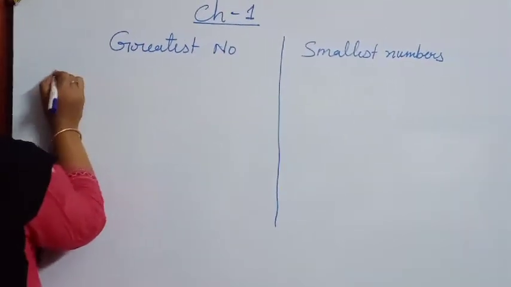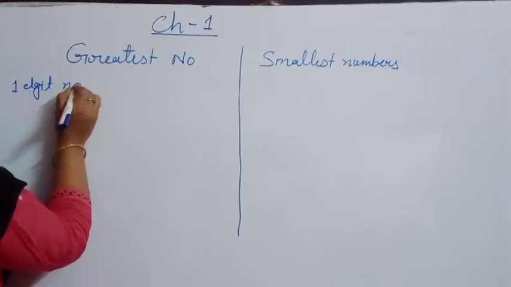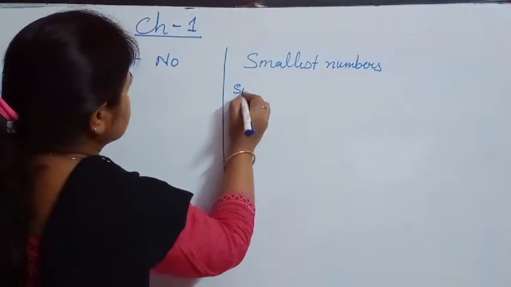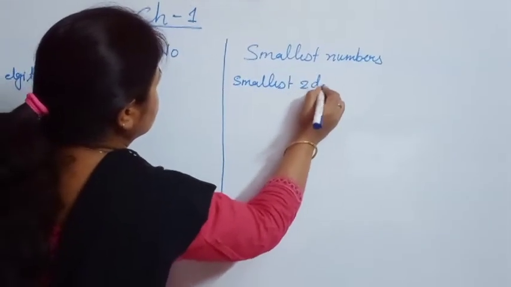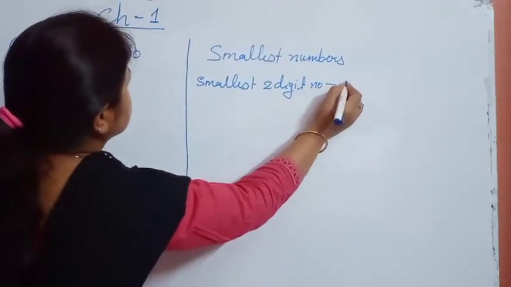Greatest one-digit number, as you already know, is 9. Smallest two-digit number is 10.